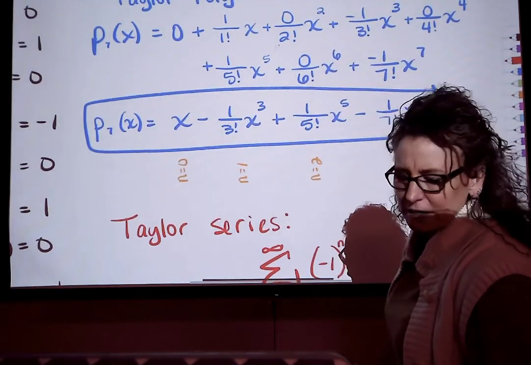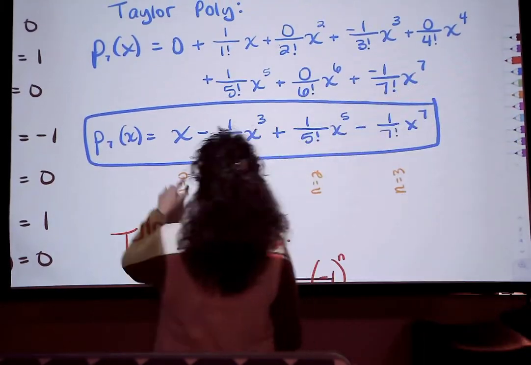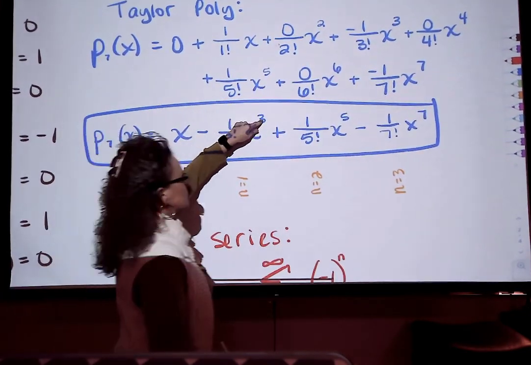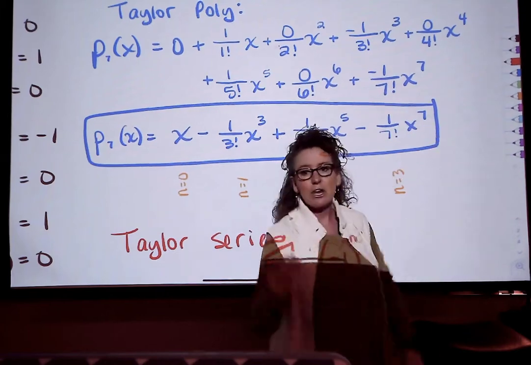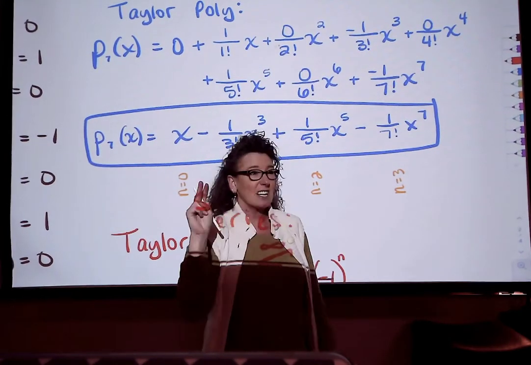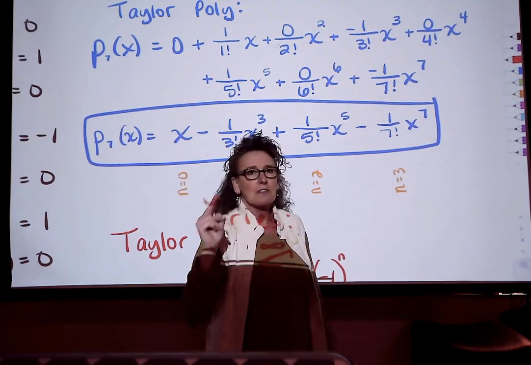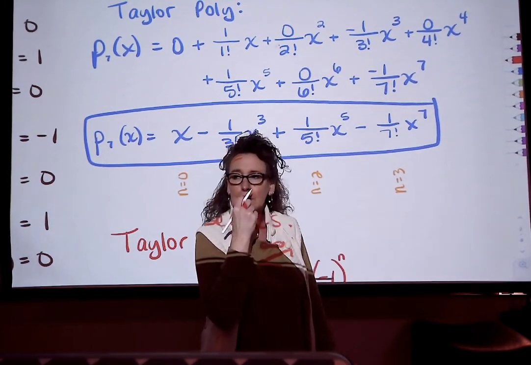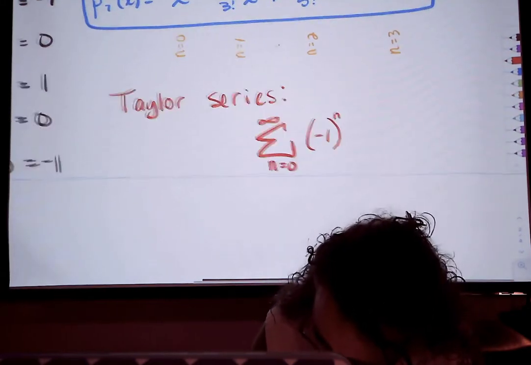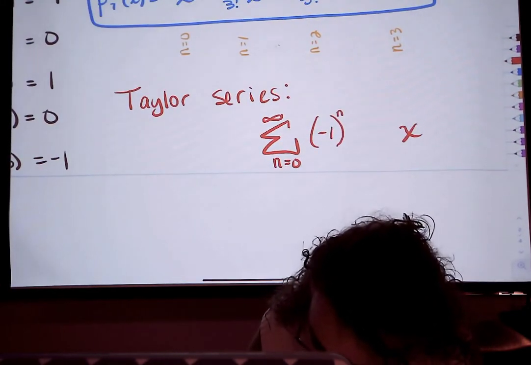Let's do the exponents first. For the exponents, this is n to the first. This is x to the first, x to the third, x to the fifth, x to the seventh. They're increasing by 2 each time. It's kind of like a linear progression with a slope of 2. So maybe our x should be x to the 2n.